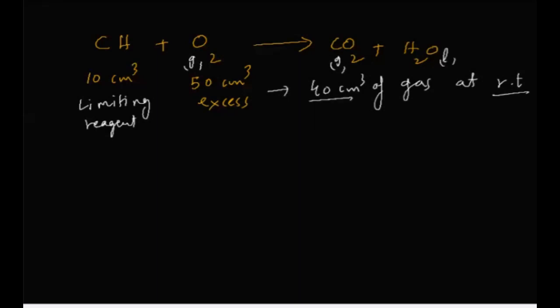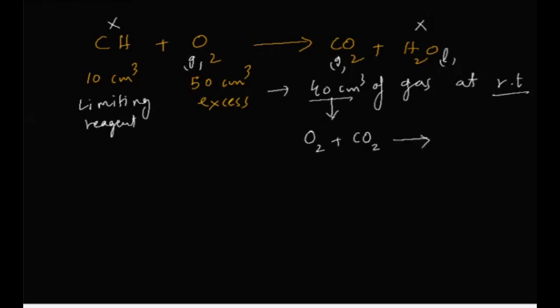So if you have 40 cm³ of gas at room temperature, because the hydrocarbon is completely used, in this 40 cm³ there is no contribution of this hydrocarbon, and water is also not present because at room temperature it is not a gas, it is a liquid. So this 40 cm³ contains only oxygen and carbon dioxide.